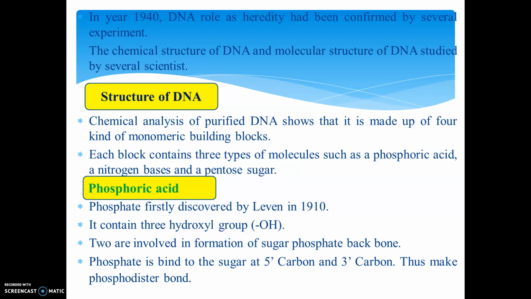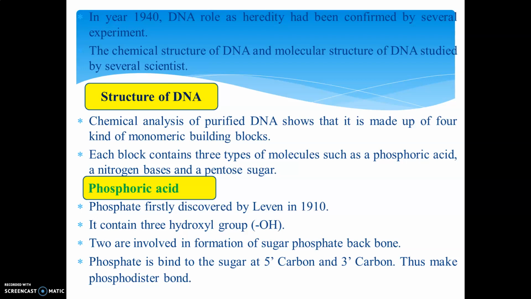Now we look at the phosphoric acid. Phosphoric acid, or phosphate, was first discovered by Levene in 1910. It contains 3 hydroxyl groups. 2 out of those 3 are involved in the formation of the sugar phosphate backbone.